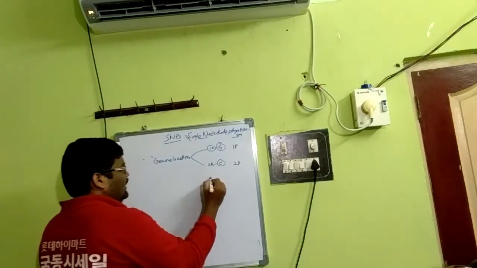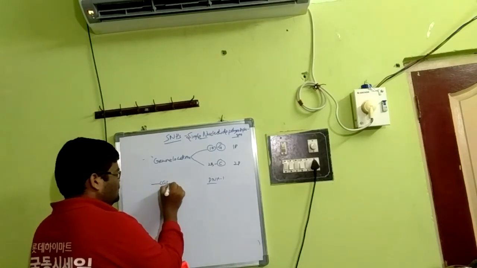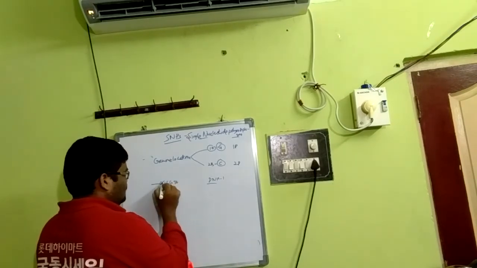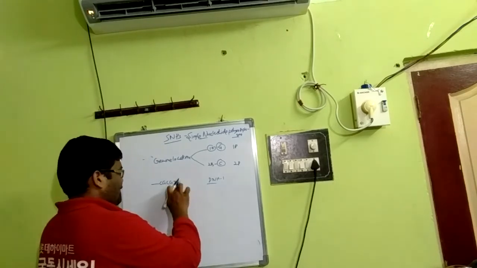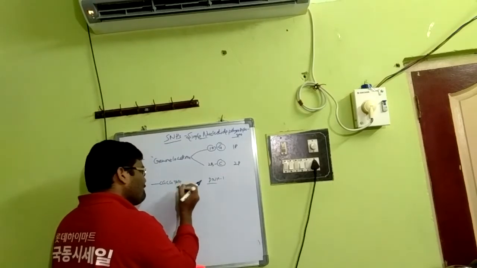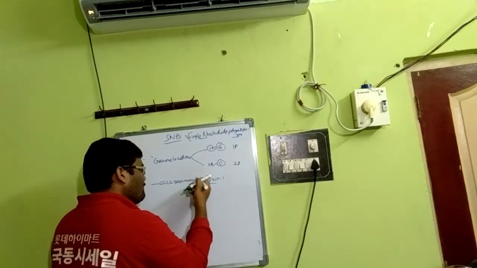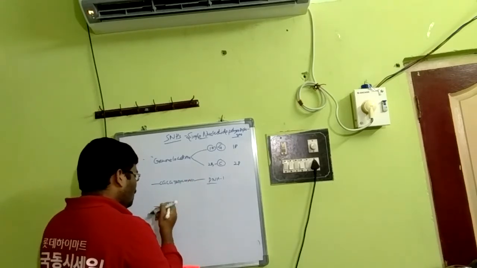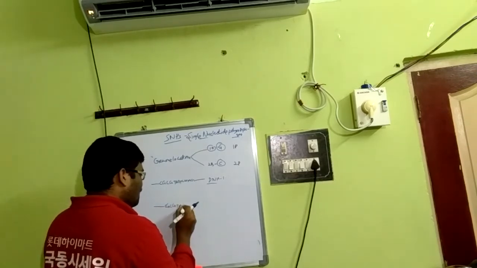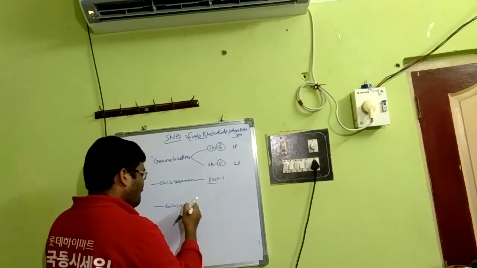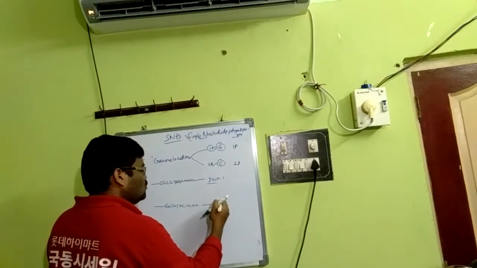For example, say this is the DNA 1 sequence of one organism, and this is DNA 2.